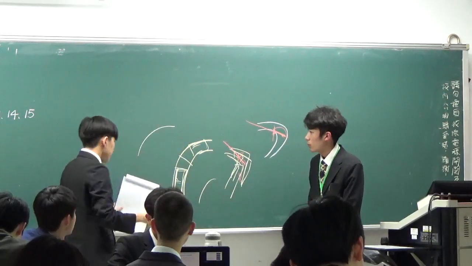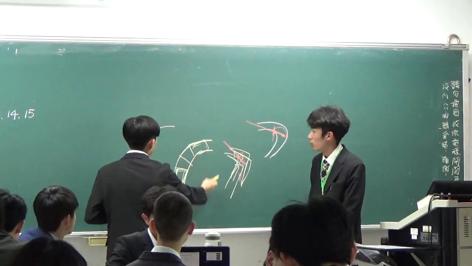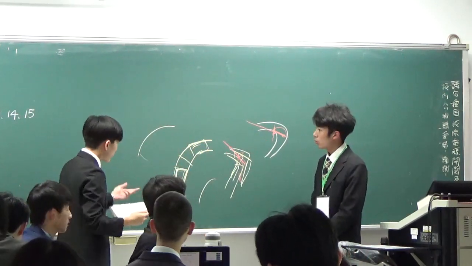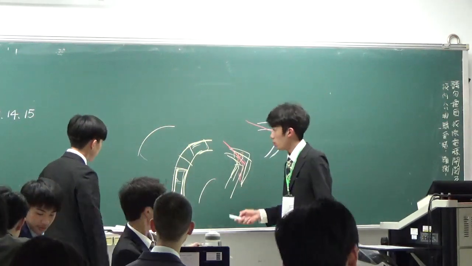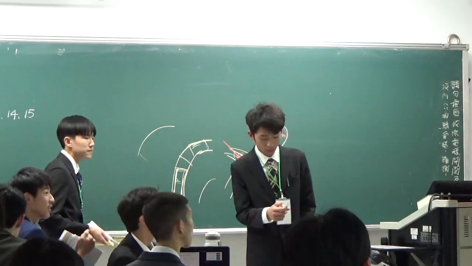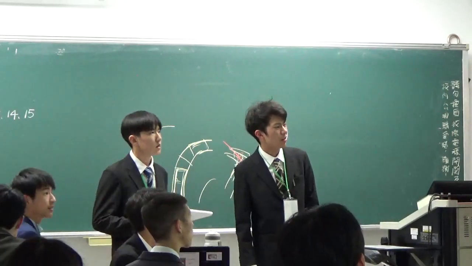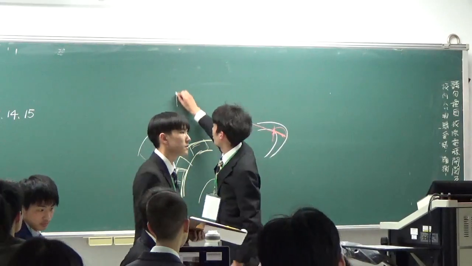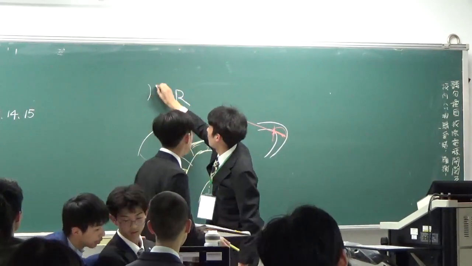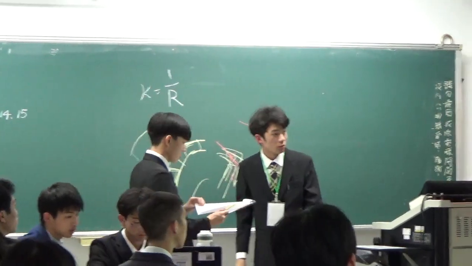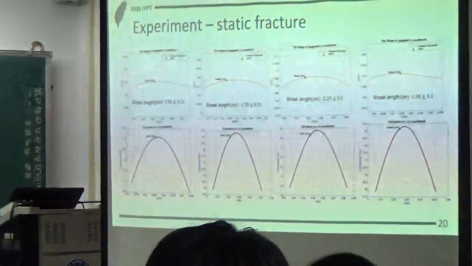For example, if the spaghetti was bent like this, I think it would be reasonable to fit a circle onto the spaghetti. Actually, I want to mention the curvature radius, but the curvature kappa is equal to this. So if I know my curvature, I know my curvature radius.